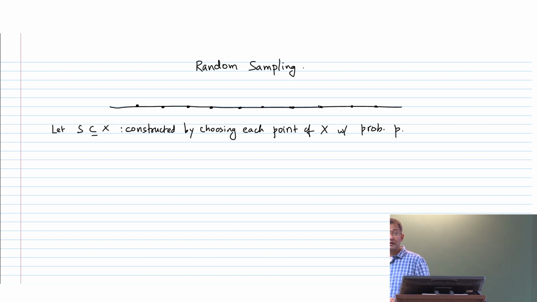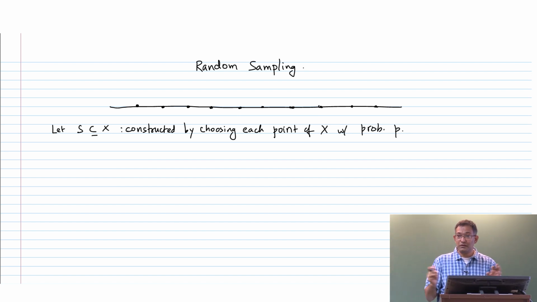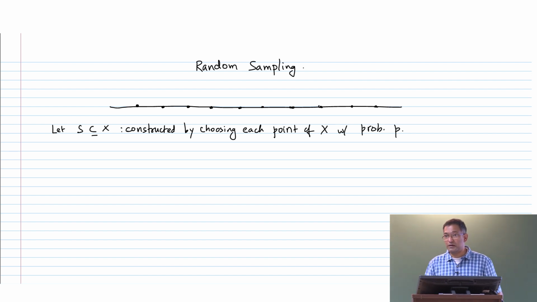So all we are doing is just sampling each point from X with probability P. We will determine what P should be later, but we just sample these points. So you get some set. Okay, and we would like to find P so that this is an epsilon net with good probability.